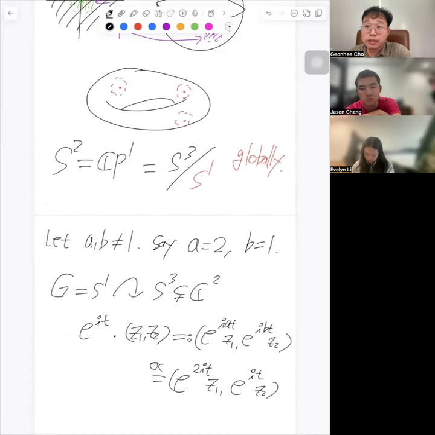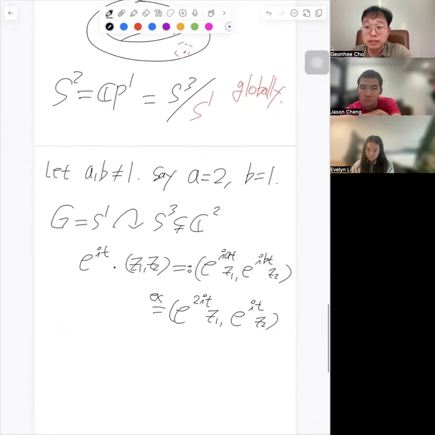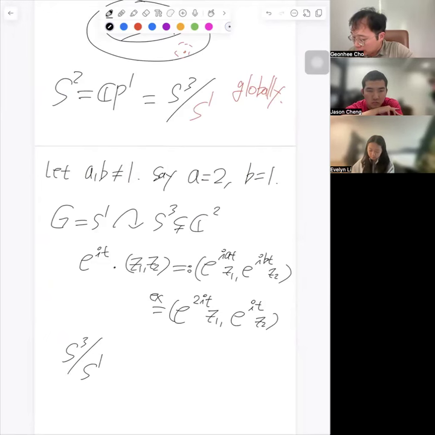So we define this action, and you will know that it still satisfies the requirement of the group action. That's fine. So you still make the quotient. Now it depends on this A and B. Previously this A and B exponent were both just equal to 1, but now it's different. Is that okay with you?